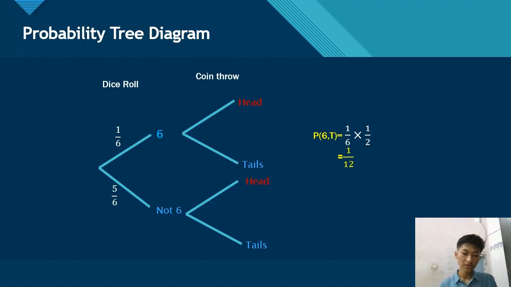Now let's move on to the coin throw. So we are just throwing a regular fair coin here. So the probability of throwing heads is a half, and tails is a half. This applies for 6 and not 6 alike.